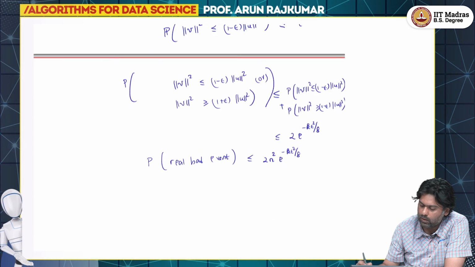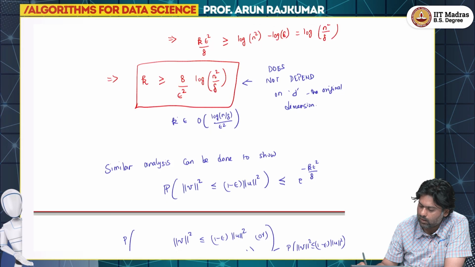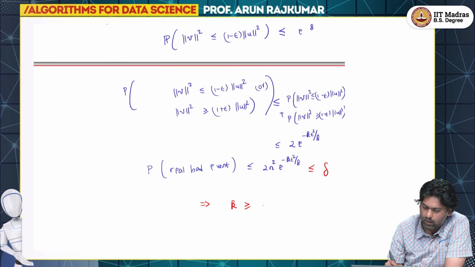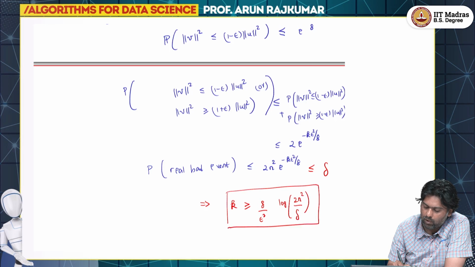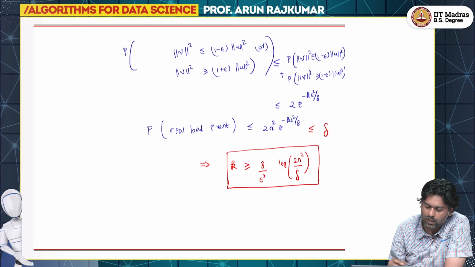And now, if you want this to be less than or equal to delta for some choice of delta, then this will imply k is greater than or equal to 8 by epsilon squared log 2 n squared by delta. That is all it will be, right. In terms of order nothing changes, there is just one extra constant that gets added. So, k is still order of log n by epsilon squared.